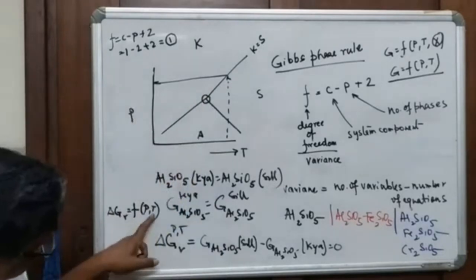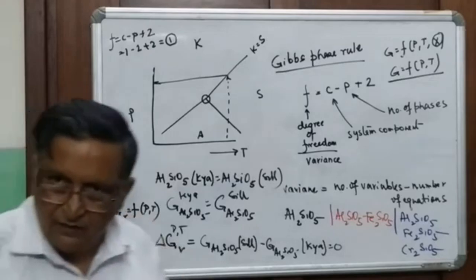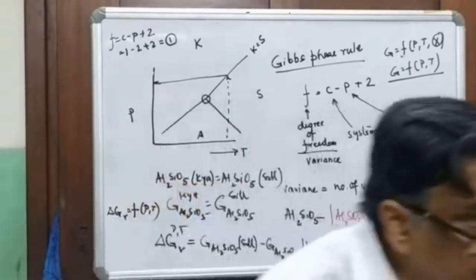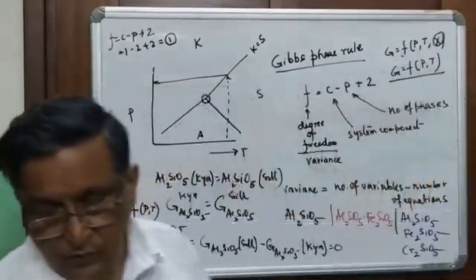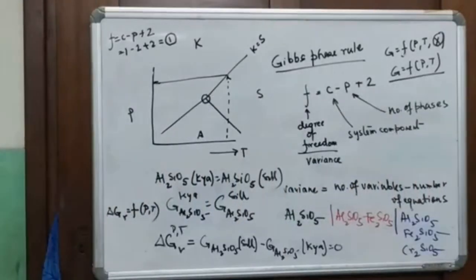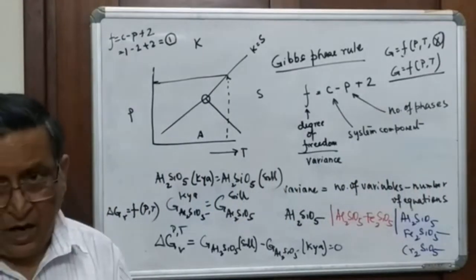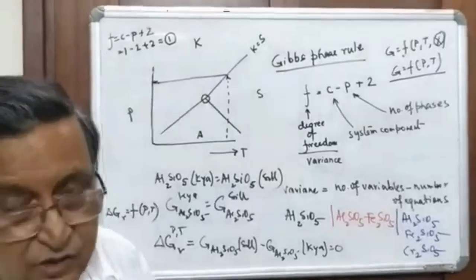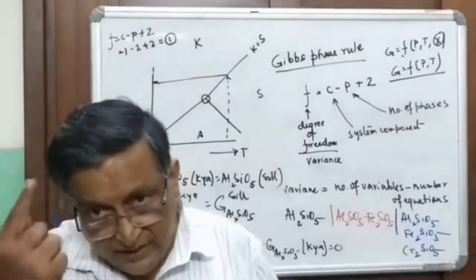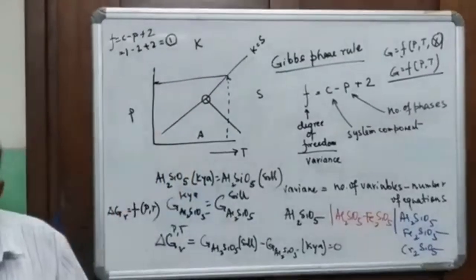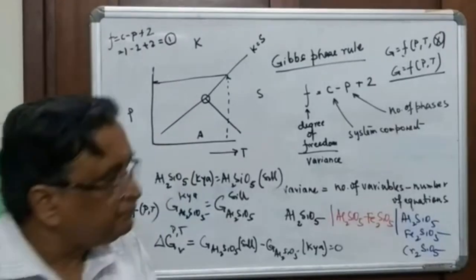If you give me the T value, I give you the pressure value, or if you give me the pressure value, I give you the T value. But I can't give you both. The system cannot give you both because you have only one equation left. No more.